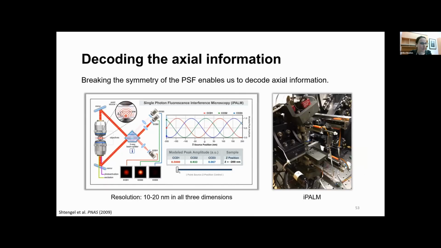And then there's another instrument which we have here at Janelia, the so-called interferometric PALM. I hope you can see this a little bit. The scheme works like this: while detecting the signal, you collect the signal from two sides, you let the signal interfere, and you detect it at the same time on 3 different cameras.